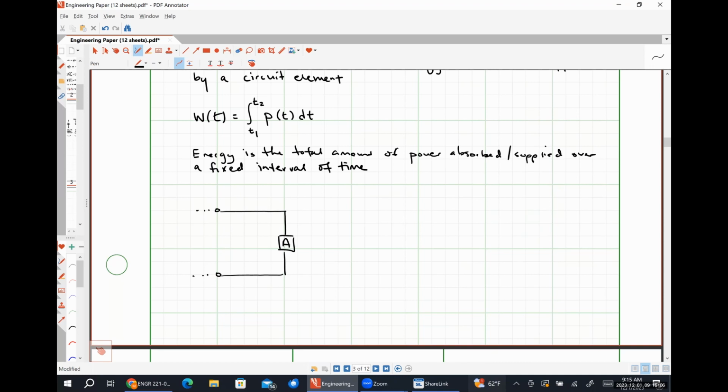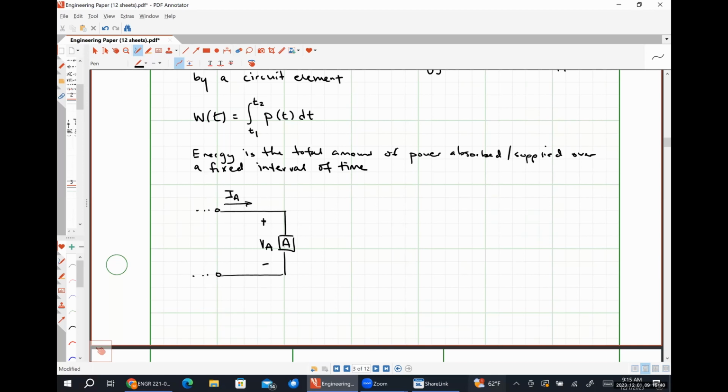I'm going to define the voltage drop across element A to have the positive polarity terminal on top. And I'm going to define the current flowing through element A to be flowing into the positive polarity terminal. So the current IA is flowing into the positive polarity terminal of the voltage VA.